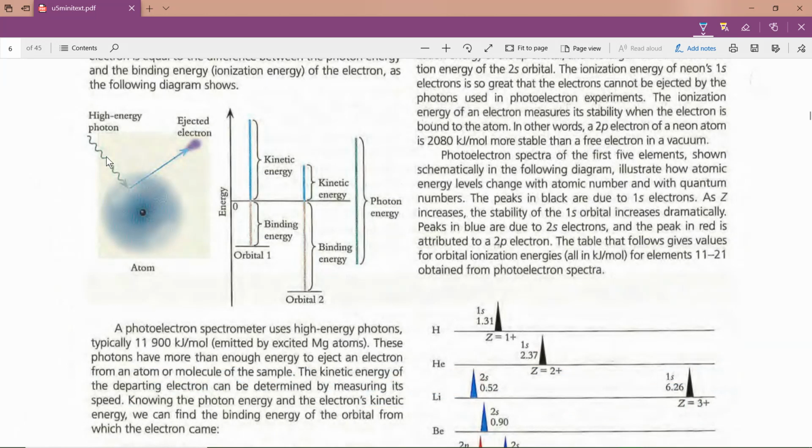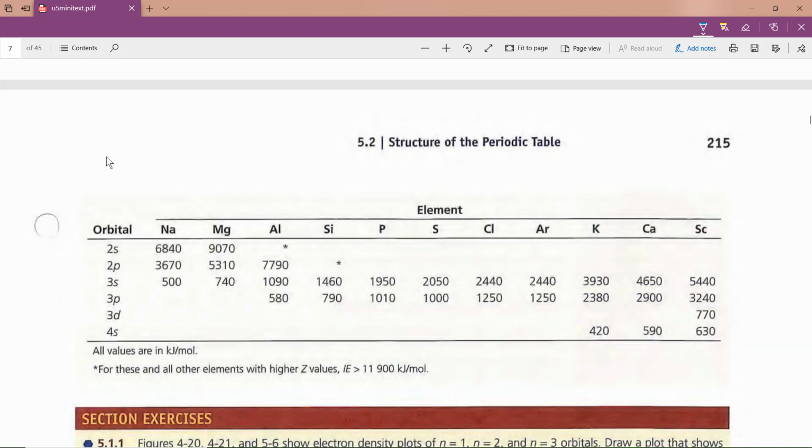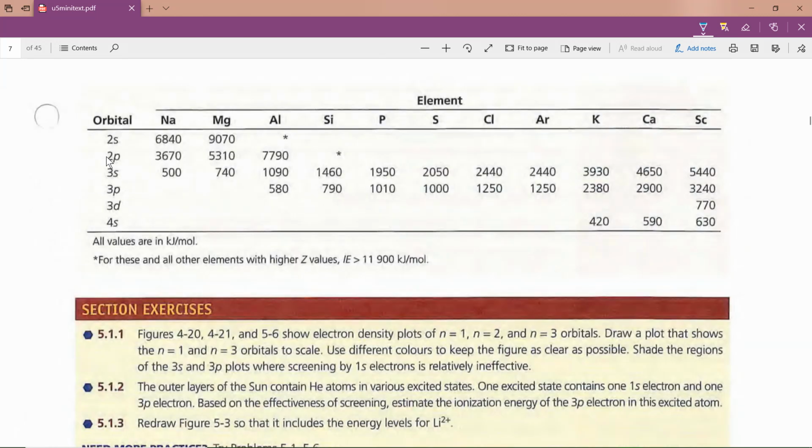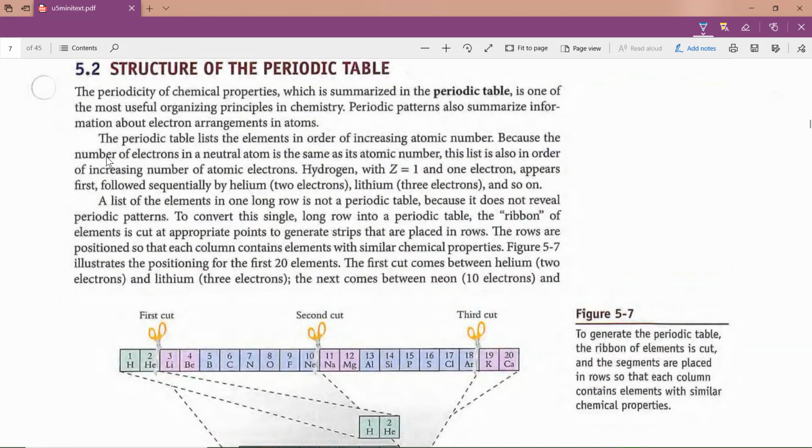And let's get through the photoelectron spectroscopy, and let's get to the bulk of the matter here, which is using the orbital information that we know to get electron configurations, and from there we can return and look at properties such as electronegativity, electron affinity, ionization energy, and atomic radii.